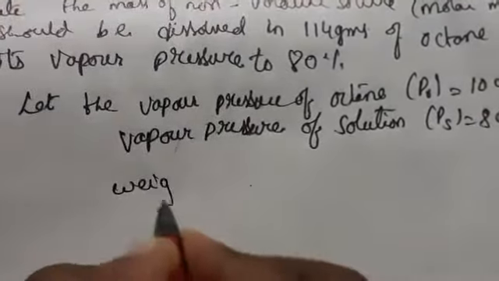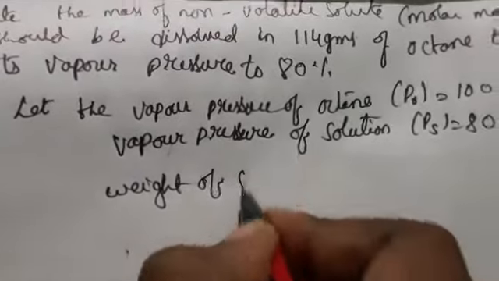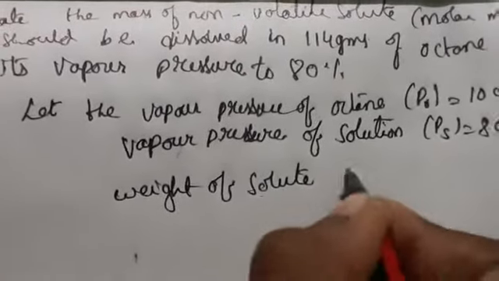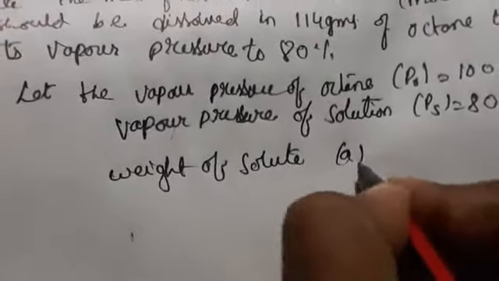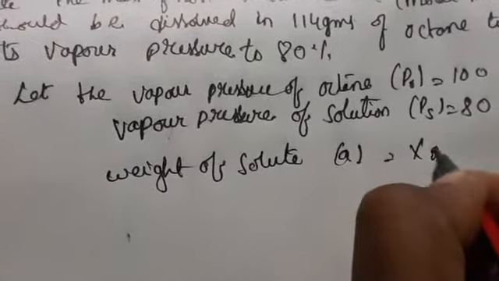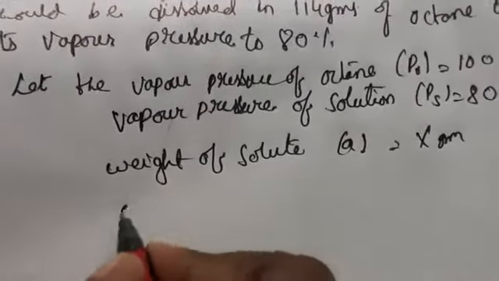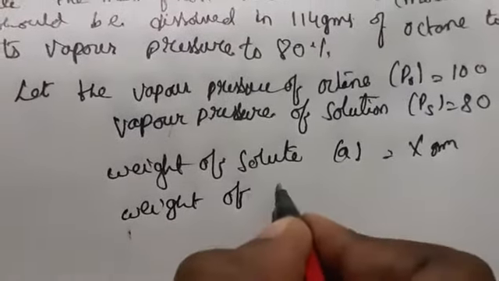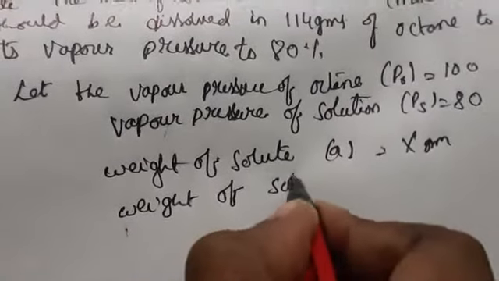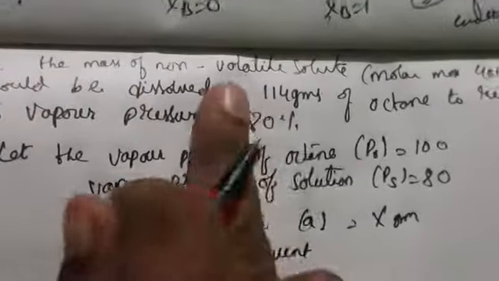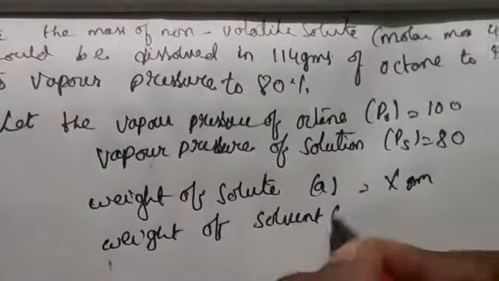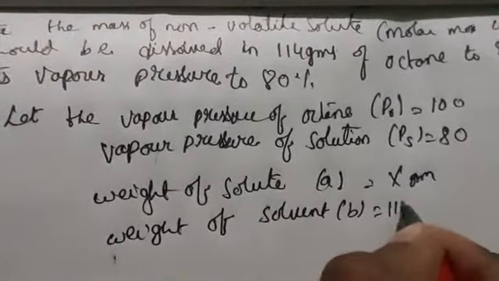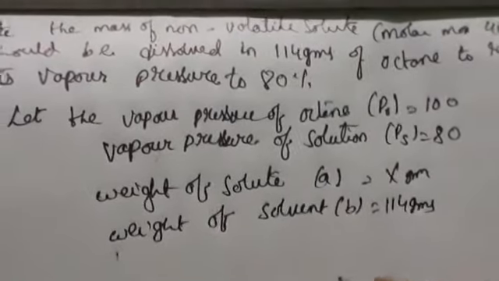Okay. Then weight of solute A, let us think, is X grams. Weight of solvent B he has given is 114 grams.